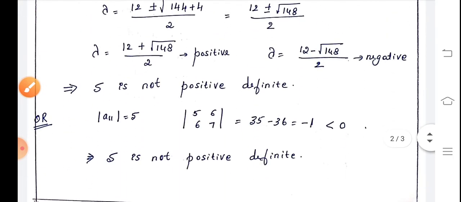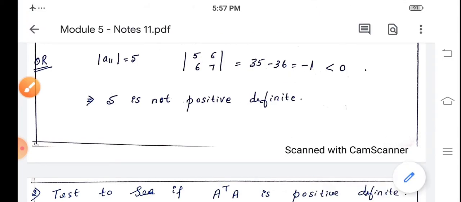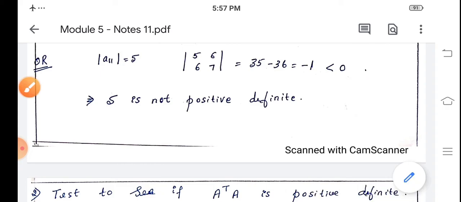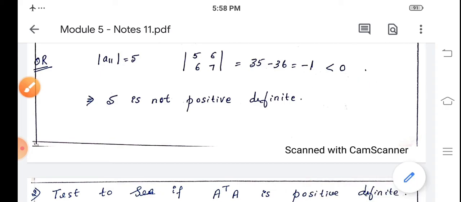So determinant value is 35 minus 36, equal to minus 1. So this value is negative. If all the upper left submatrices have positive determinant, then the matrix is positive definite. Here we are getting negative value, so this is not positive definite.